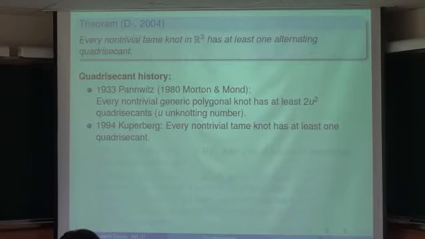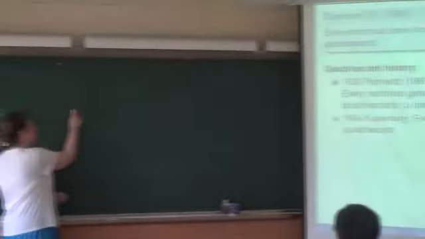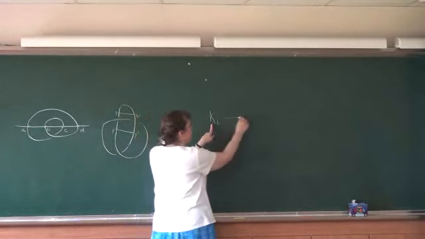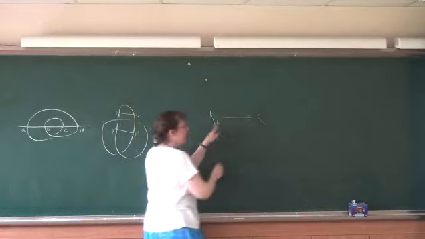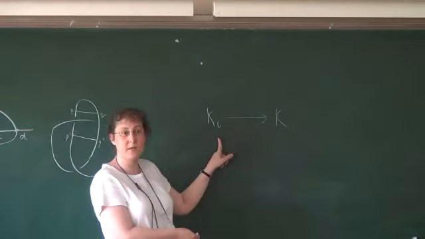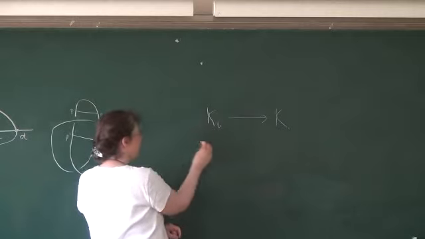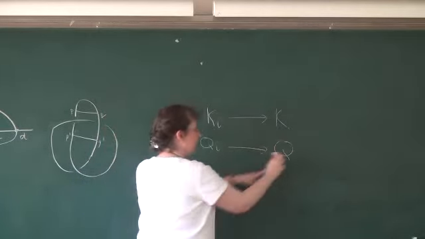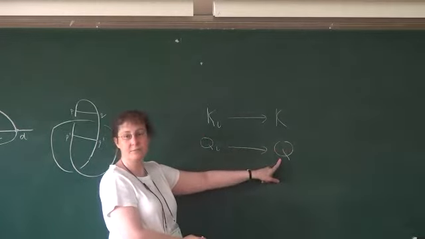So the idea is, this would be a sequence of generic polygonal knots, and then I take a limit to my tame knot. I approximate this by these polygonal knots, and we think about our quadrisecants limiting to something.